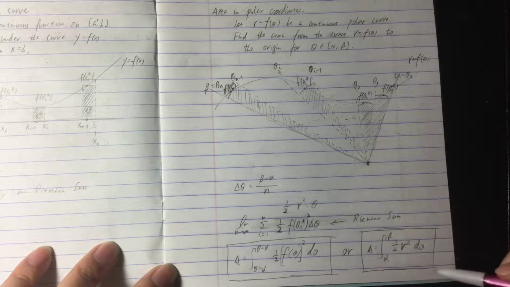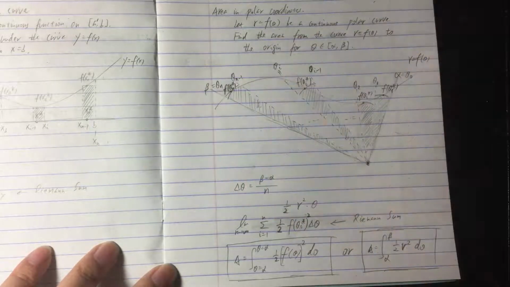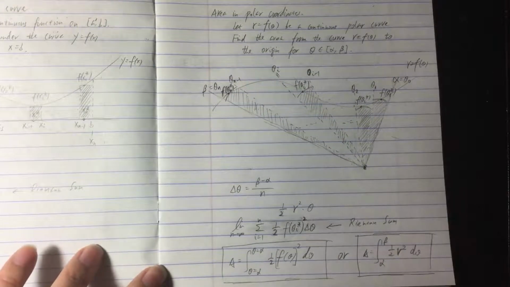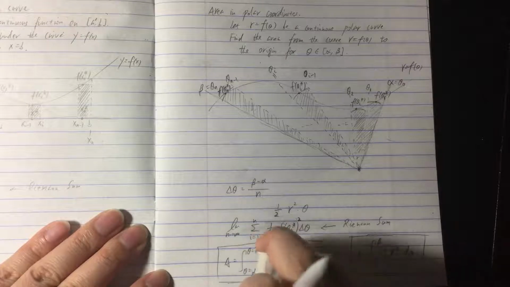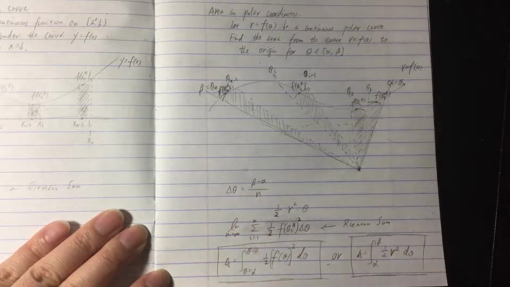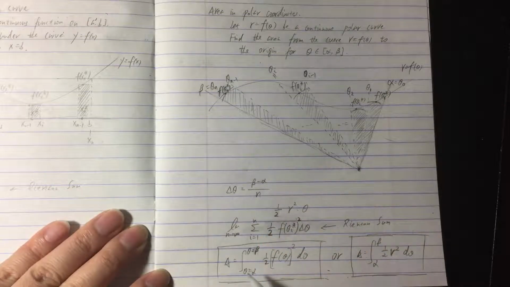That's the area from a polar curve to the origin, where theta should be from alpha to beta.